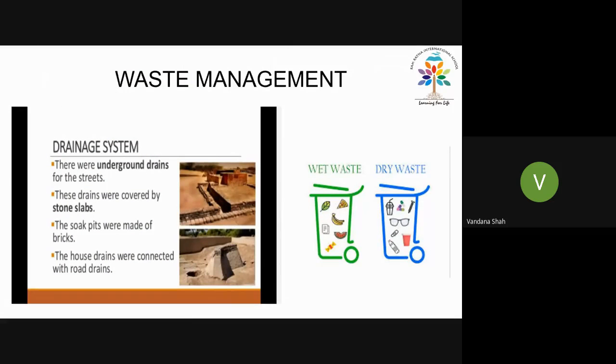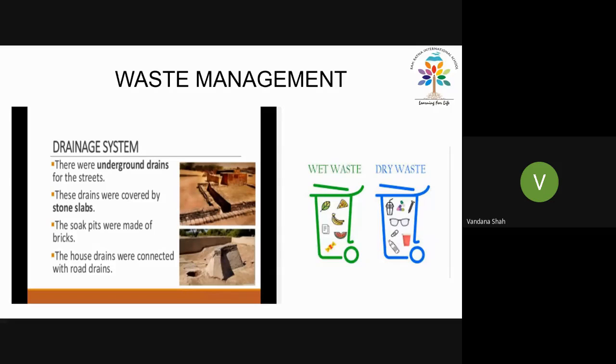Very important thing: today your municipality people come and tell us this is dry waste, this is wet waste, and you need to segregate it. Though we are educated, we still don't know how to manage it. So finally there is waste management who takes care of it. But those people were much smarter. They knew where the waste of the bathroom should go, and in which pit.